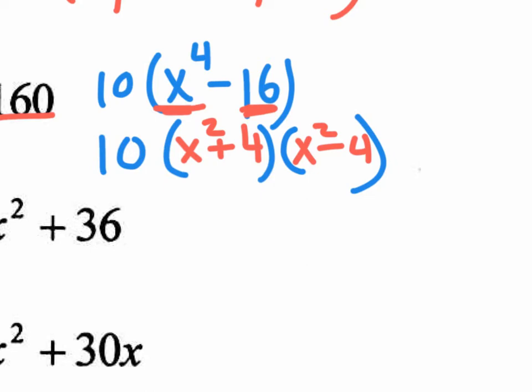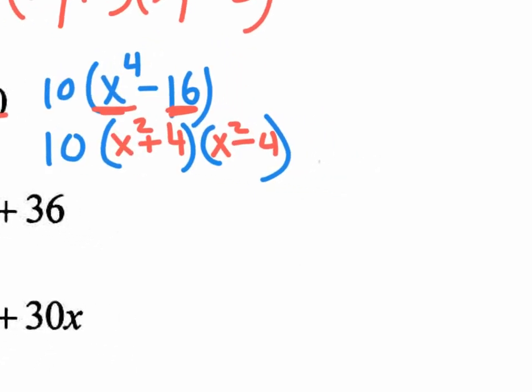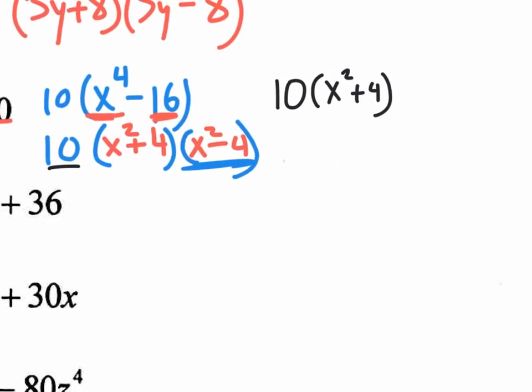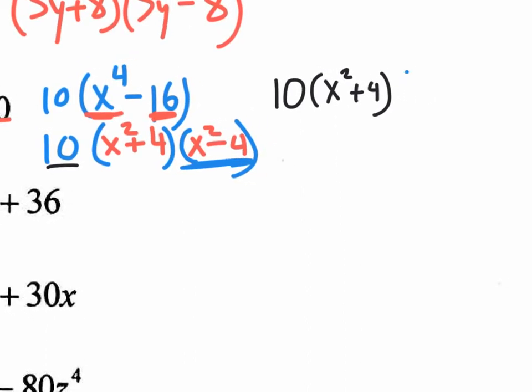Okay, so what I'm going to do is rewrite everything. I'm going to write this 10 that's on the outside, there it is. I'm going to rewrite the x squared plus 4 because we can't do anything with that. But this guy right here, the x squared minus 4, I'm going to rewrite it as a binomial times a binomial.